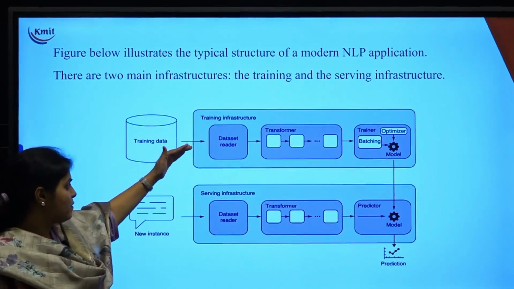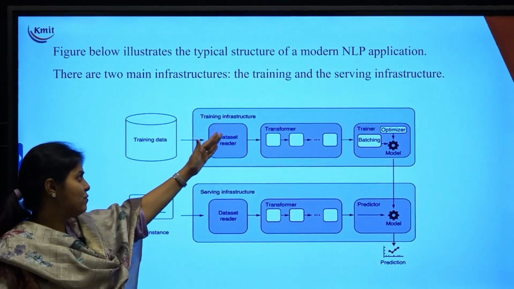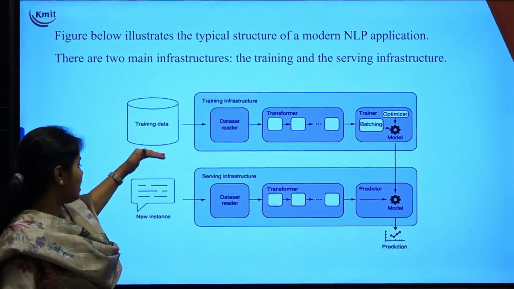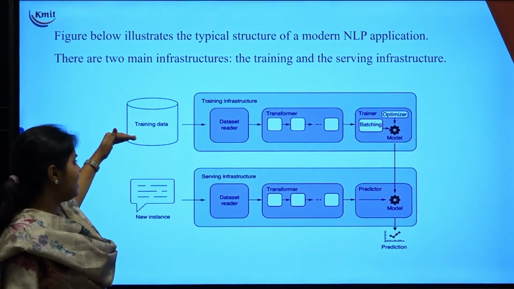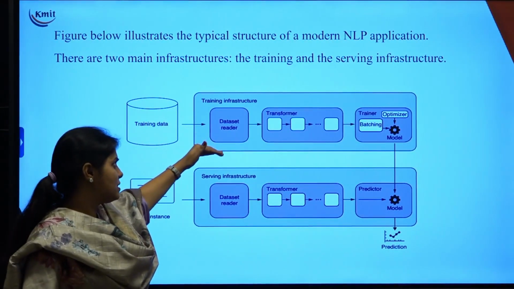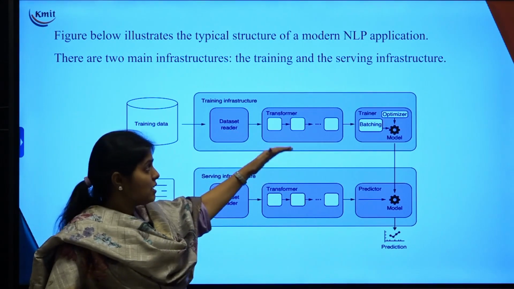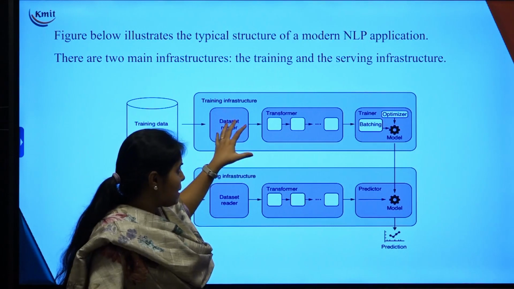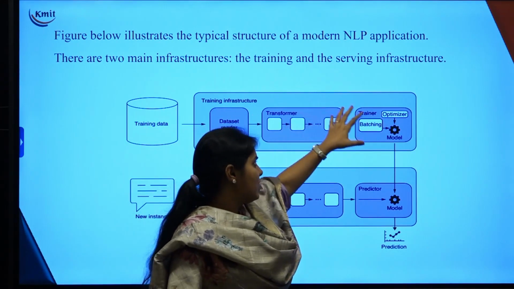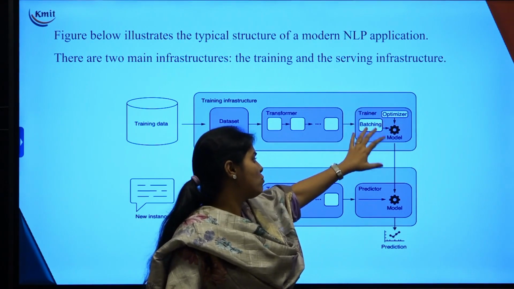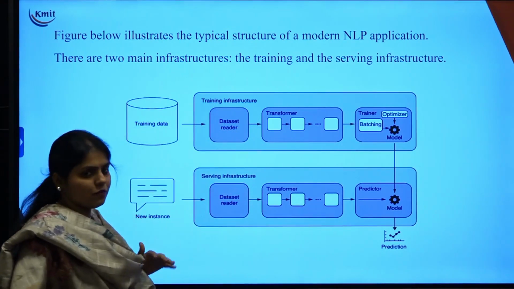Now this is a typical structure of NLP applications. It is divided into two phases: training infrastructure and serving infrastructure. Let us first talk about training infrastructure. I take the training data and give it to the dataset reader, and I use different neural network models for carrying out the NLP task. After that, the training goes through batching and the optimizer, and the output of this trainer model is given to the serving infrastructure.